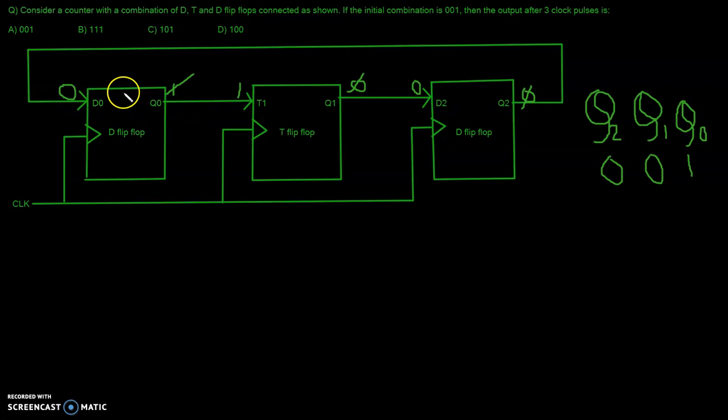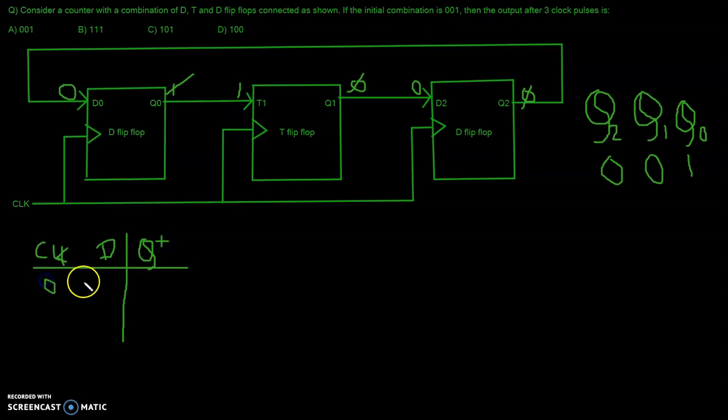Now to analyze the output, we need to know the truth table of the D flip-flop and the T flip-flop. For the D flip-flop we have the inputs clock and D, and we have the next state Q plus, or Qn plus 1, which is the same thing.